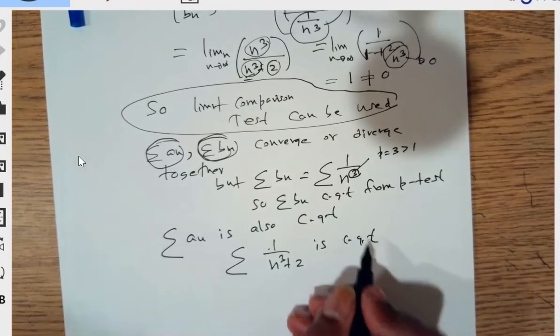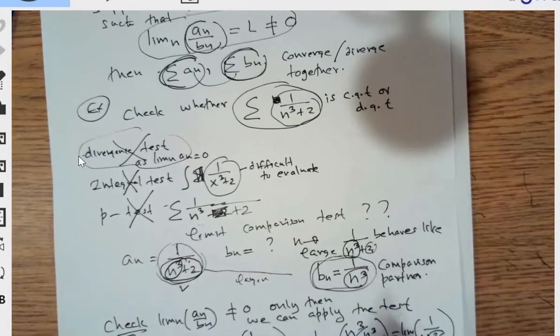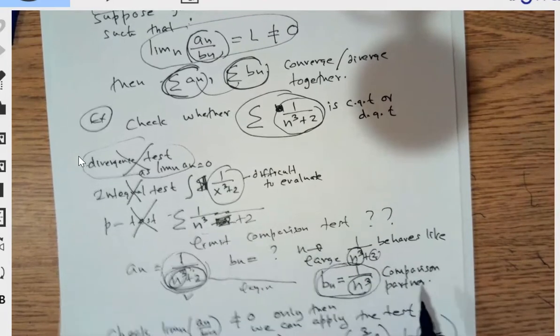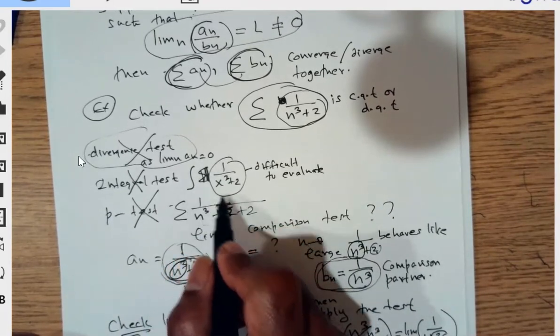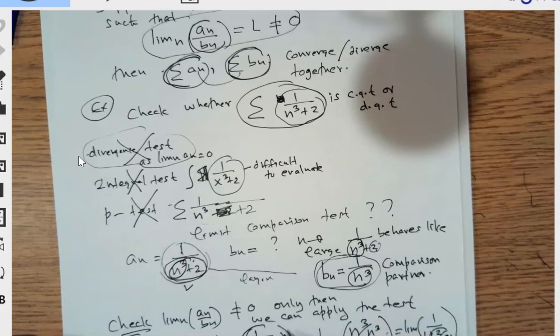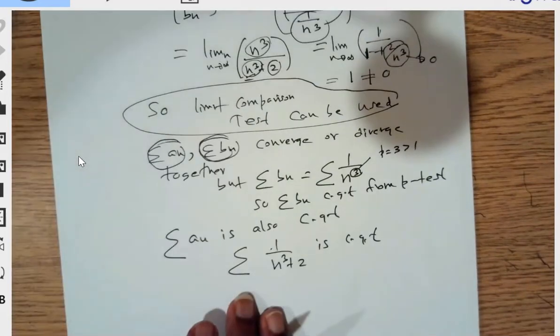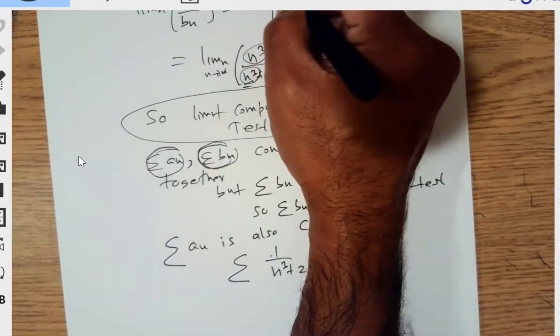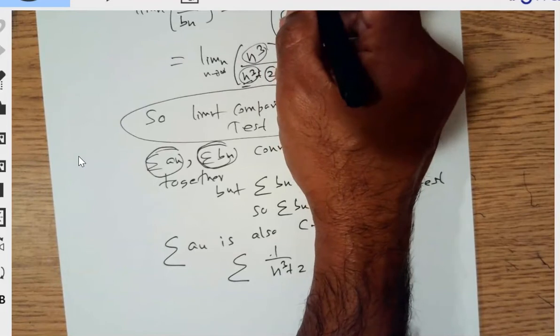So let me go back to what I did. I wanted to use the limit comparison test. So I started with our sequence, which is 1 over n cubed plus 2. Then I found a comparison partner bn, which is 1 over n cubed.